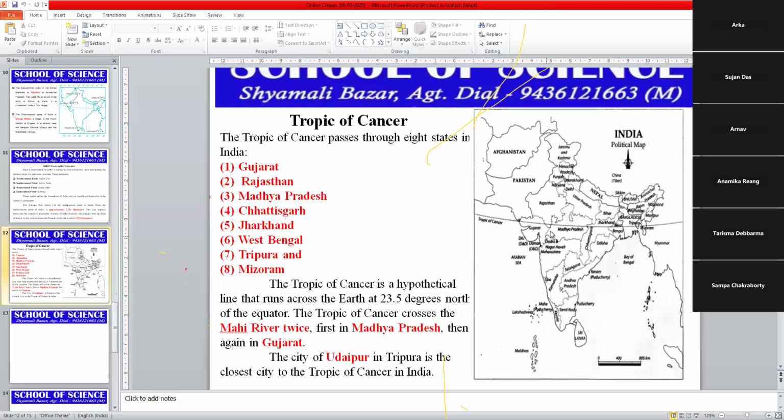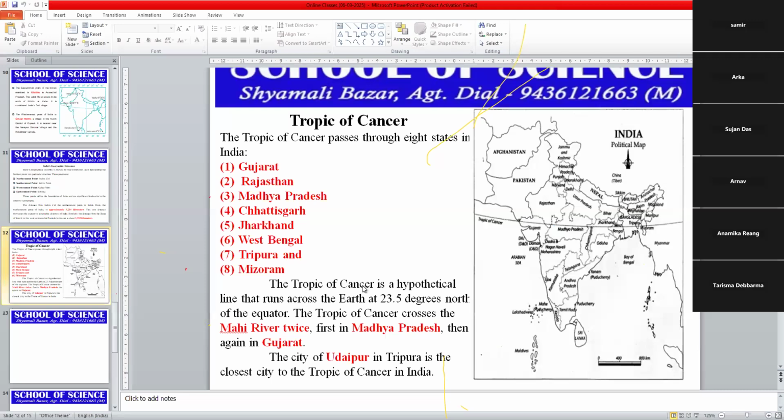Small part of Rajasthan is coming here. Then we have the state of Madhya Pradesh. Almost half of it. The Tropic of Cancer is dividing Madhya Pradesh in 2 halves. Then it passes through Chhattisgarh. Then passes through Jharkhand and West Bengal. And you see Tripura. This is Tripura and Mizoram. Okay. So Tropic of Cancer passes through 8 states of India.